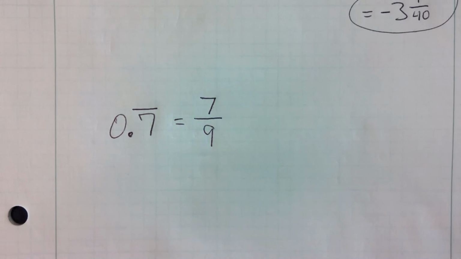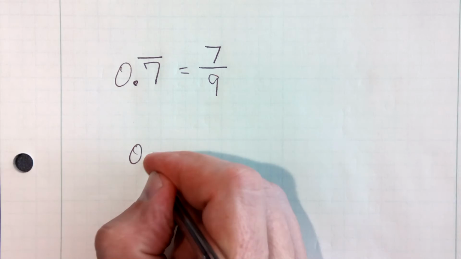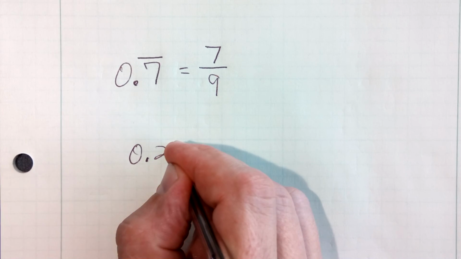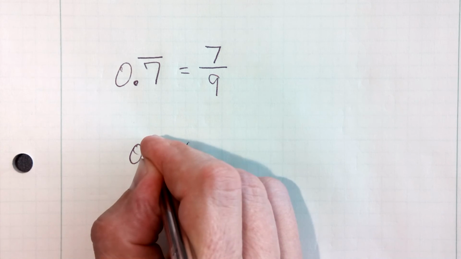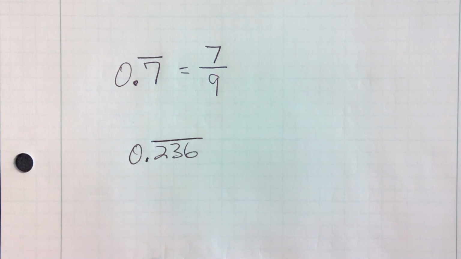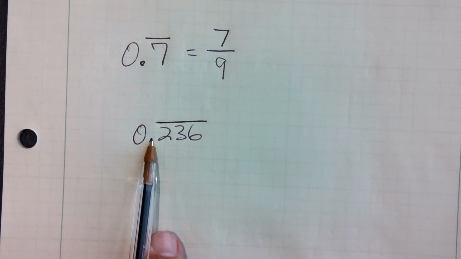If you were to get something like 0.236 and all of that's repeating, now I want to emphasize that it has to start repeating right after the decimal.